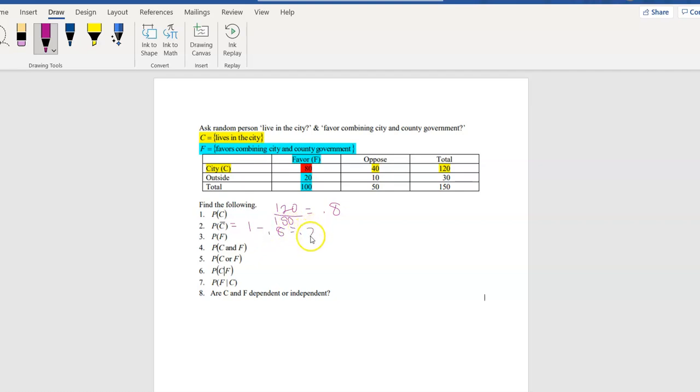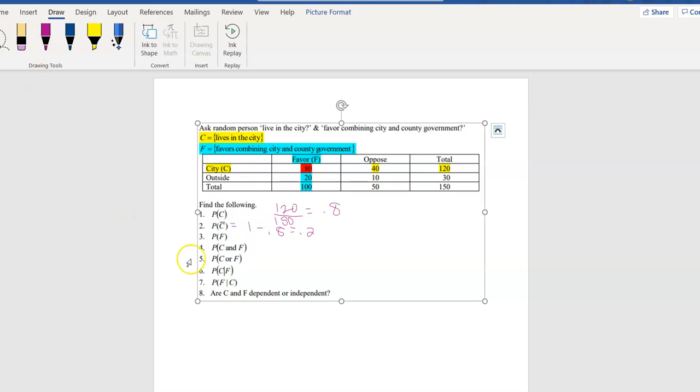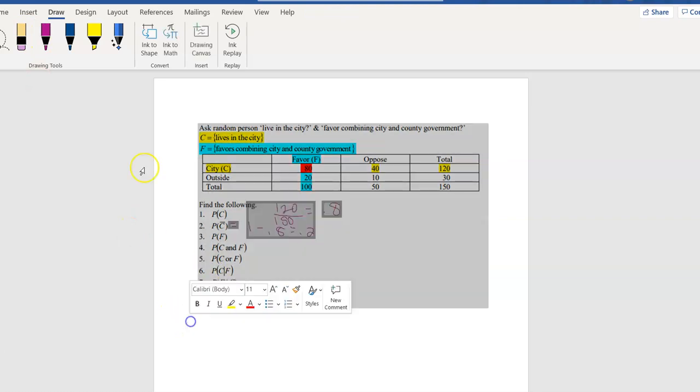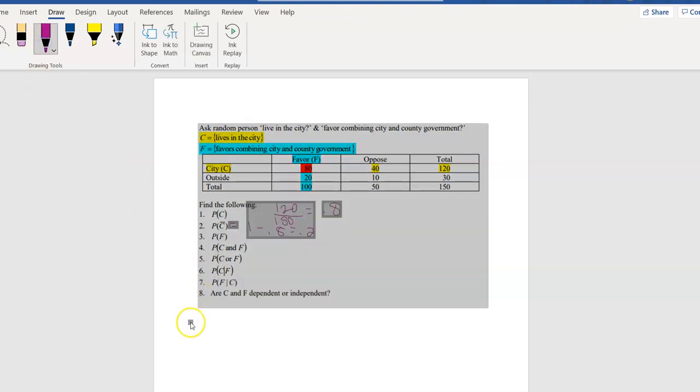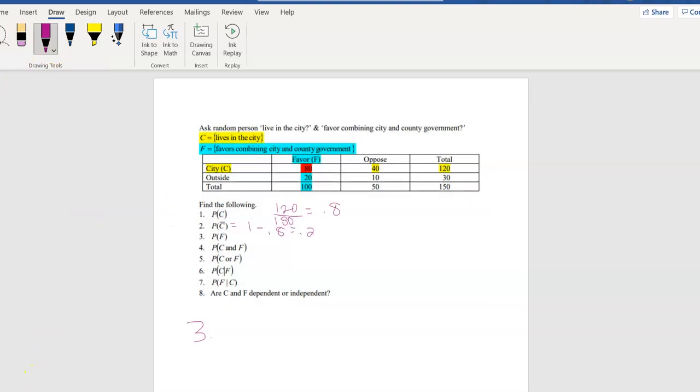All right, now I'm going to give myself some more room in here. I'm going to take 3 down to the bottom. All right, so now we want the probability of F for number 3.